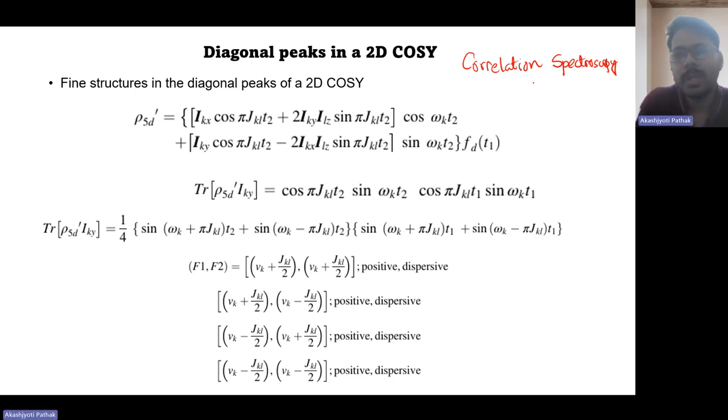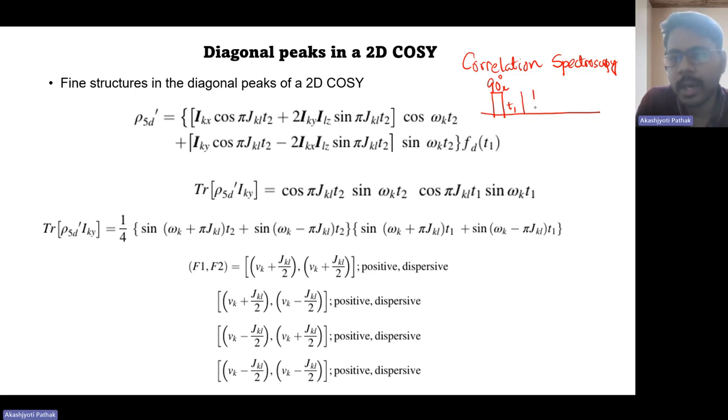Okay, so in the two-dimensional correlation spectroscopy experiment, the basic pulse sequence that is followed is, first we provide a 90-degree X pulse. Then there is a t1 time period, which is also called the evolution period.